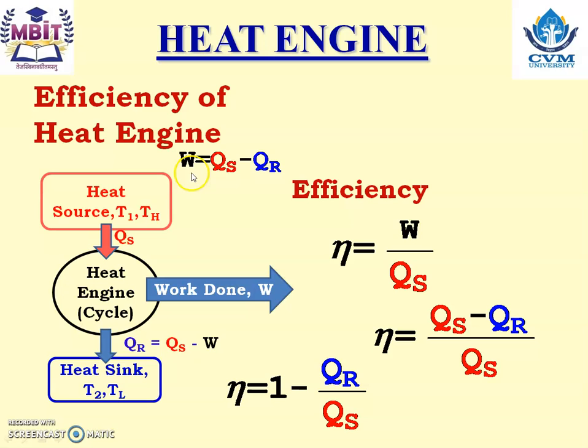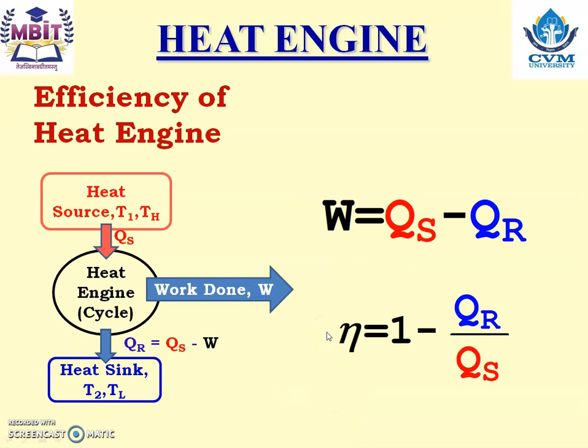Which ones? That is, work done is equal to QS minus QR, and efficiency is equal to 1 minus QR by QS. So these are the two basic equations which can be utilized in the analysis and derivation of work done and efficiency of any cycle.